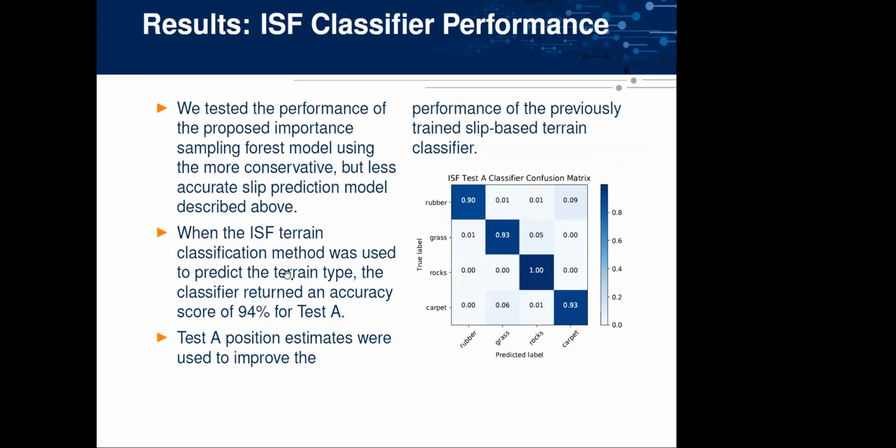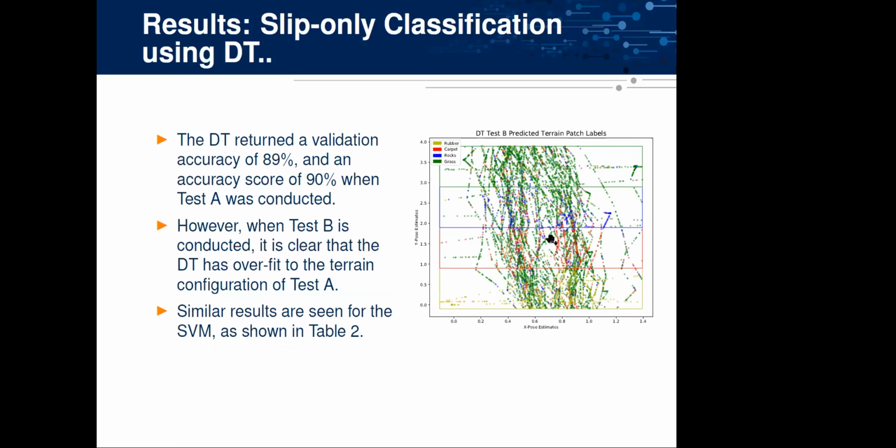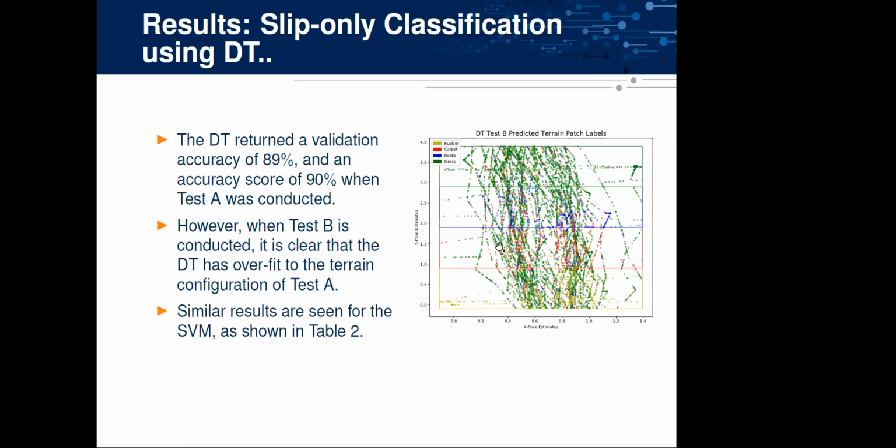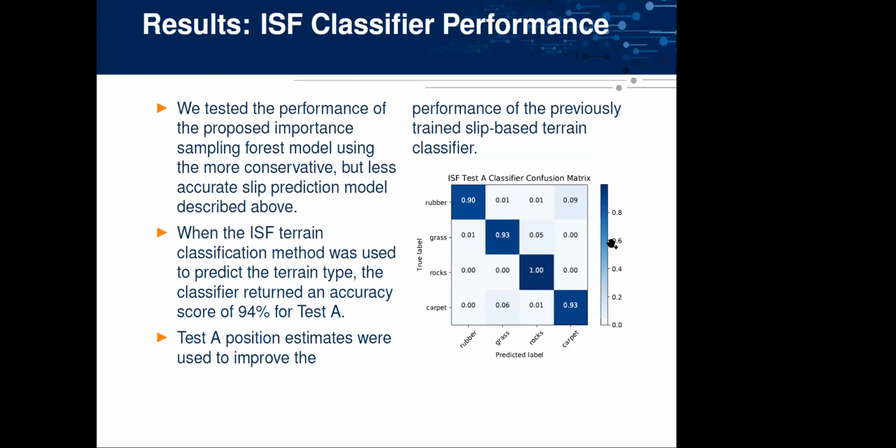When the ASV terrain classification method was used, the classifier returned an accuracy score of 94% for test A. Test A is sort of using this data, and test B is using this one. So this was the confusion matrix for the results for test A.